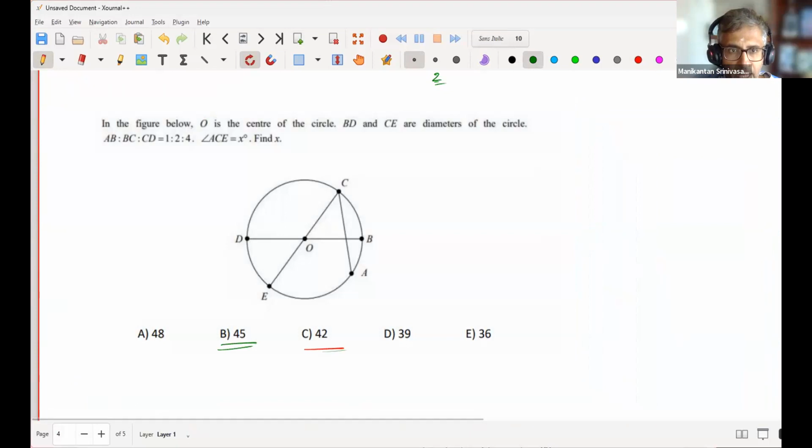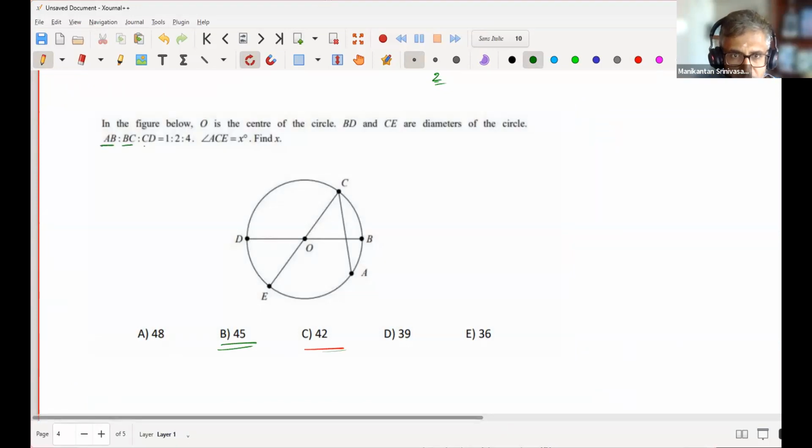Okay, let's see. AB is to BC is to CD is 1 is to 2 is to 4, right? Which means either the ratio of the arc lengths or the ratio of the chords, they all mean the same thing. They're all proportional only. So the angles at the center are also in the same ratio.